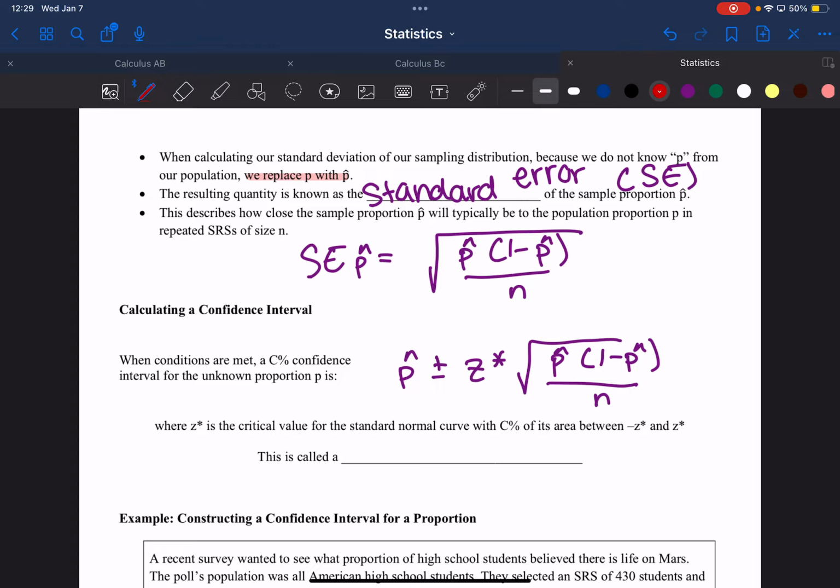Remember, this is our point estimate plus or minus our critical value times our standard error. So I'm not sure if it shows you exactly this on the formula chart, but it will show it to you in words. It will say point estimate plus or minus critical value times standard error. Because as we keep going through the units, the standard error and point estimate may change the formula. It's not always going to be that p hat times 1 minus p hat over n.